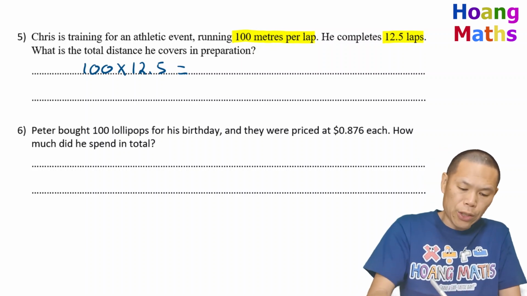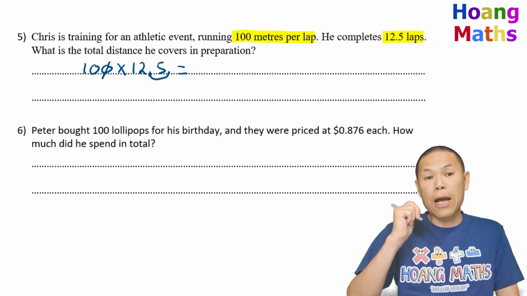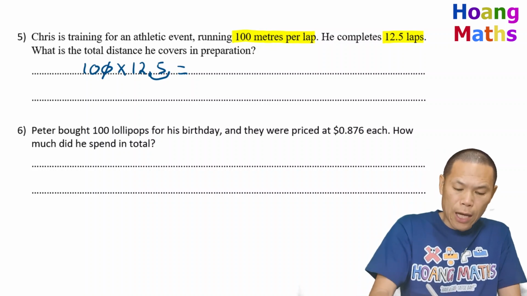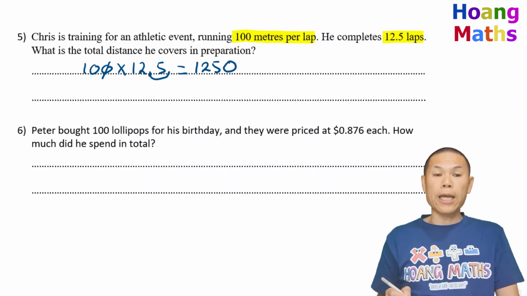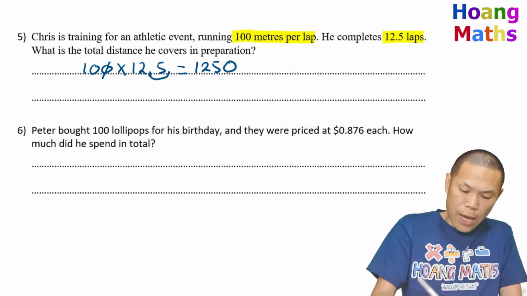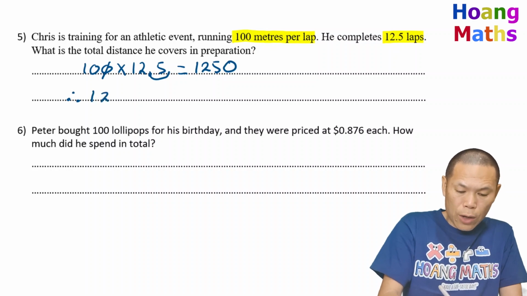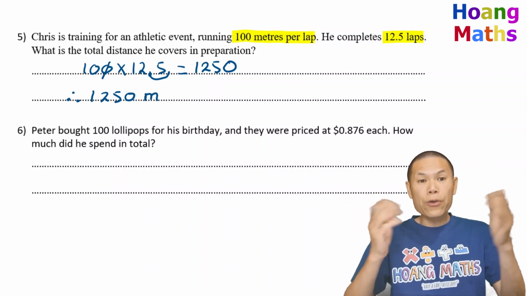It's the same. So we just move the decimal point this way, 1 unit, we cancel that. So that becomes 125 times 10. So that is 125, and we just need to write the 0 at the end. So therefore, the answer is 1,250 meters. There you go.